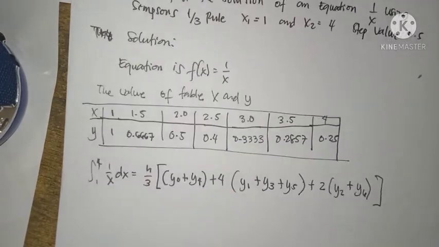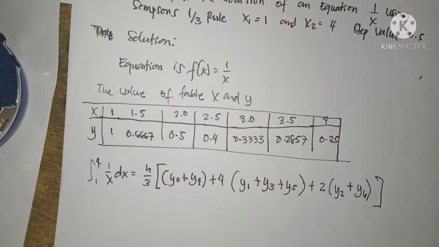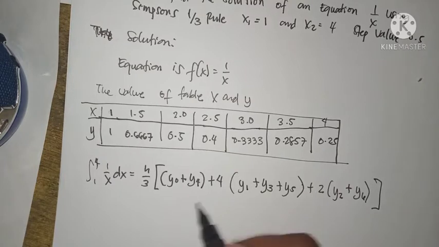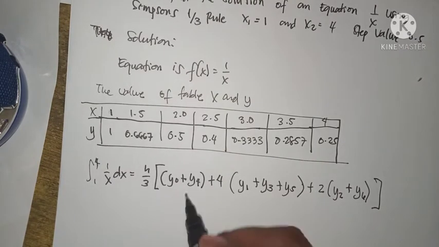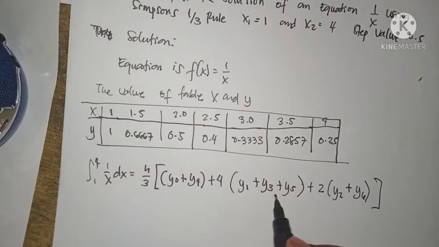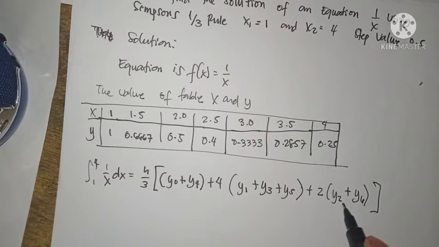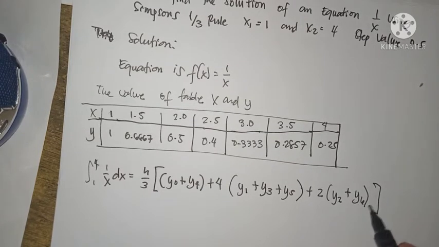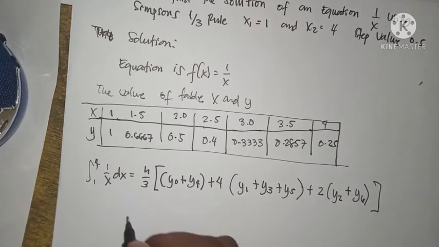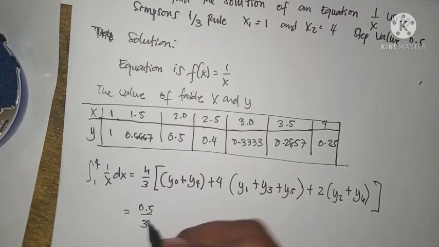To solve this problem, use the formula for the integral, which is approximately h over 3 times y sub 0 plus y sub 6 plus 4 times y sub 1 plus y sub 3 plus y sub 5 plus 2 times y sub 2 plus y sub 4. So the step value is 0.5 over 3.